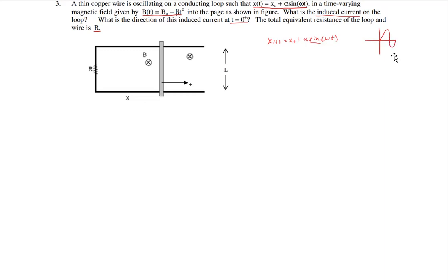So at least for a few moments after t equals 0, sine is going to be increasing, and when you add that to x naught, you can determine that this function is an increasing function.